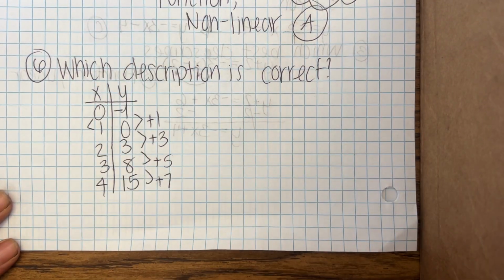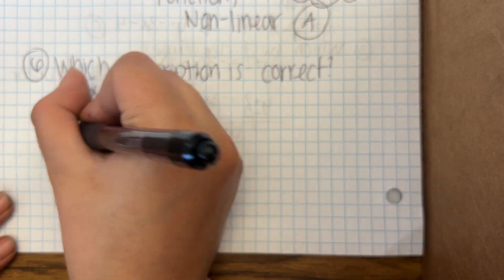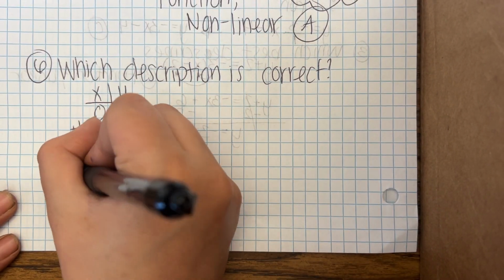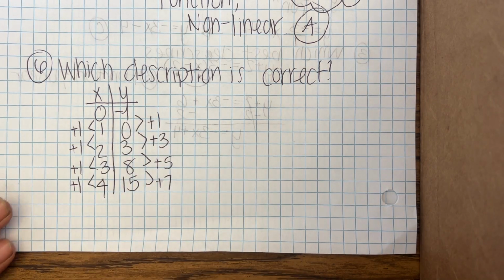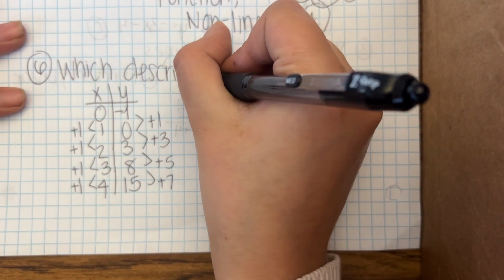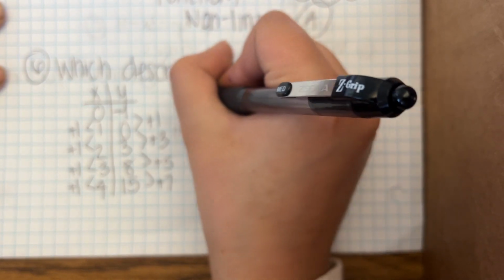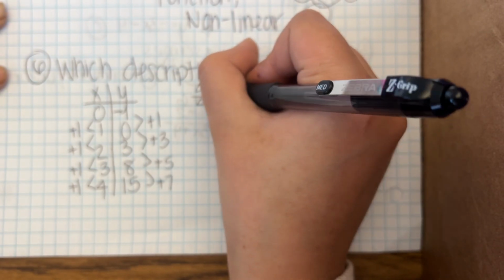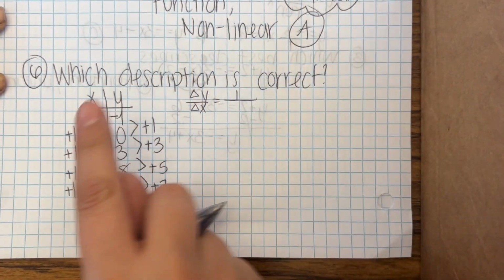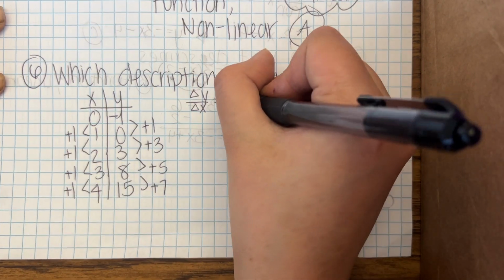Now let's find our rate of change of X. So it jumps up 1, jumps up 1, jumps up 1, jumps up 1. Okay, so our X values have a constant rate of change of 1, but remember, it has to be the constant rate of change of X and Y. So our change of Y, our first one, was 1. Our change of X across from it was 1.